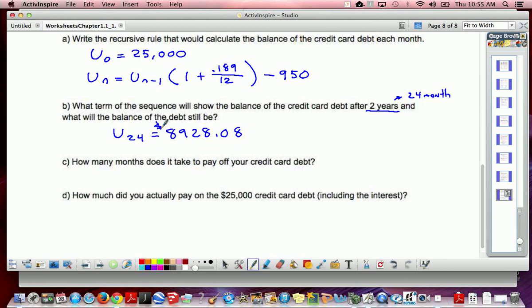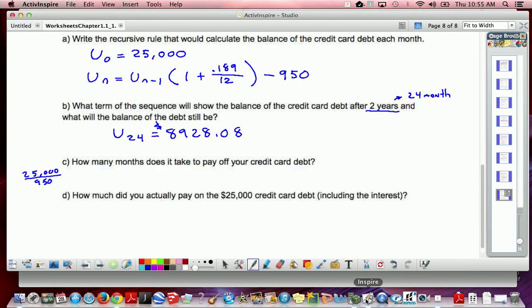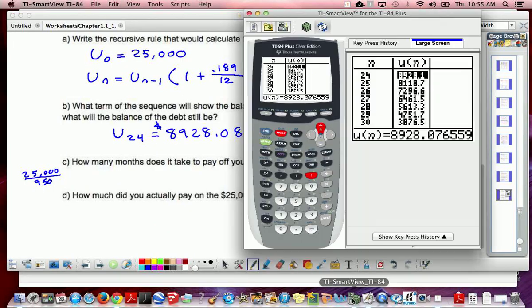So now, if I think about the logic behind this, I want to think, all right, 25,000. If I divide it by 950, but I know the interest is kind of a lot. So, sorry, I want to grab my calculator.